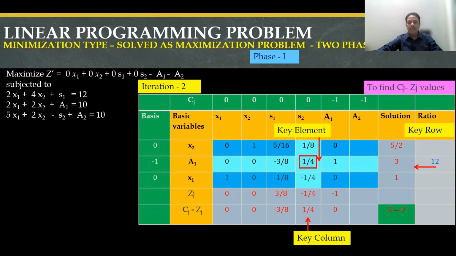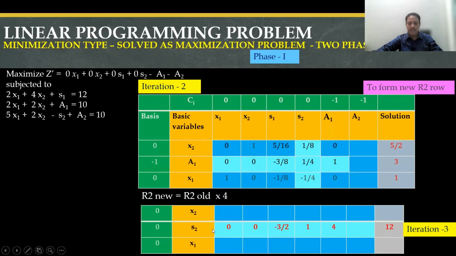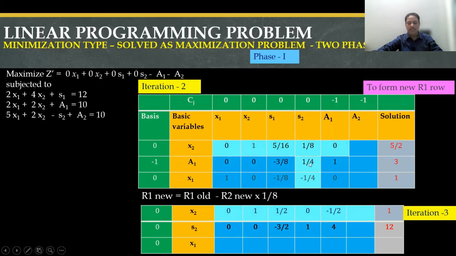So again, performing the row operations to make this 1 by 4 as 1, this 1 by 8 as 0, and minus 1 by 4 as 0 in this way. So here we have made this 1 by 4 as 1 by performing this row operation. Then by performing another row operation for making 1 by 8 as 0, in the form of R1 new equal to R1 old minus R2 new into 1 by 8.